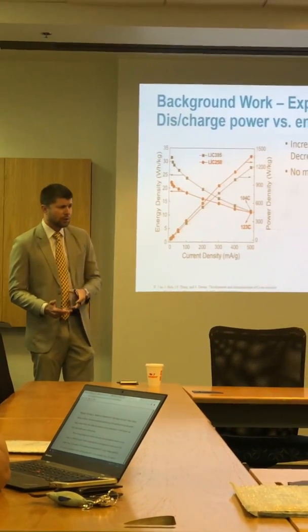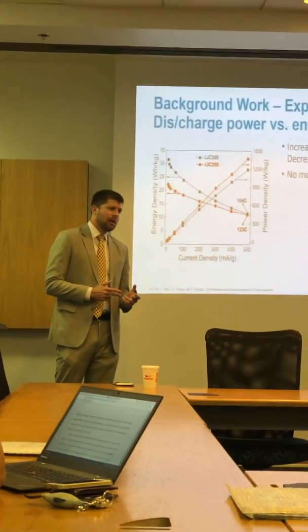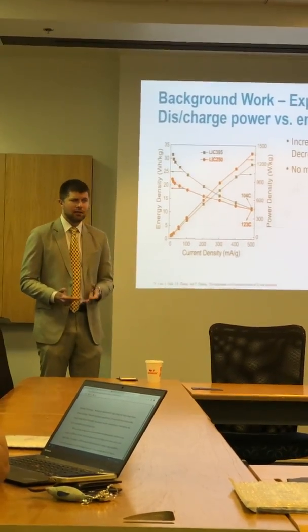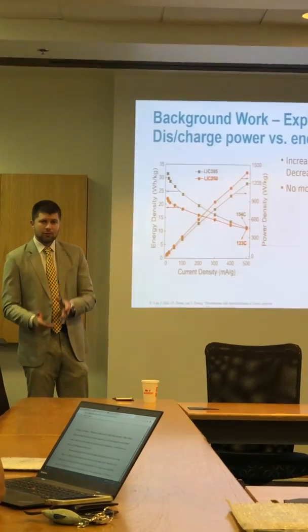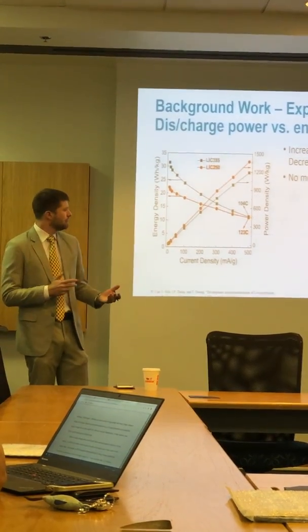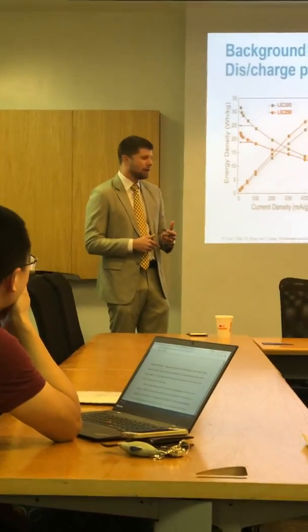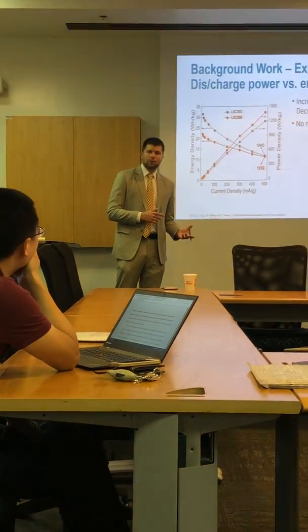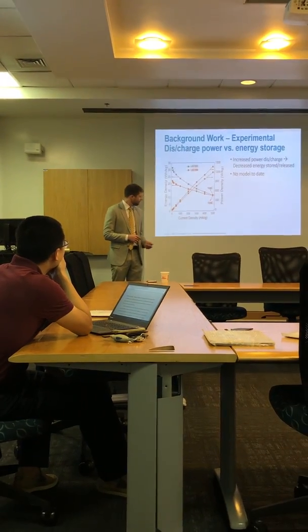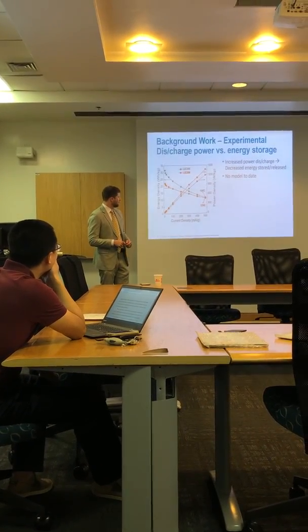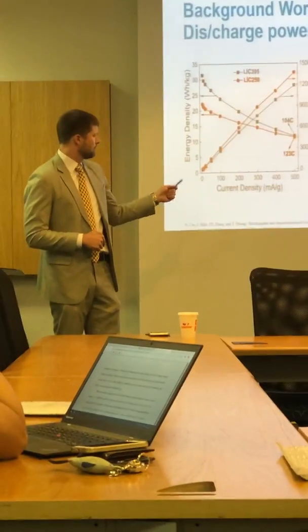In the other, we increase the power density by threefold, and we find that decreases the energy density twofold. So you have anywhere from a 33 to a 50% change in energy storage after a 300% change in power density.